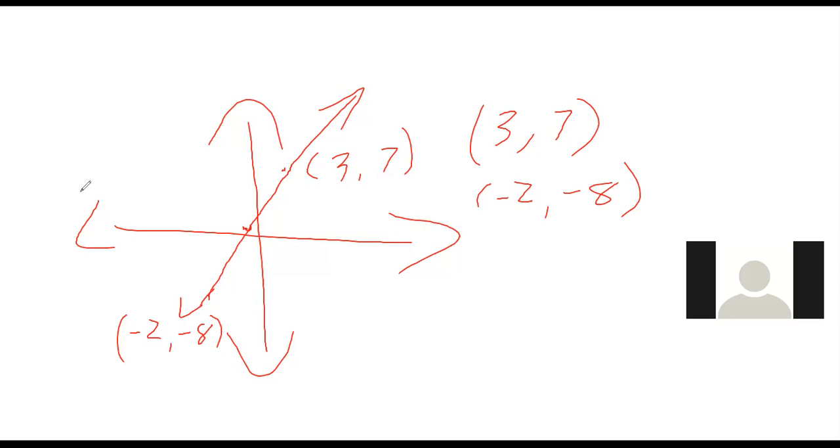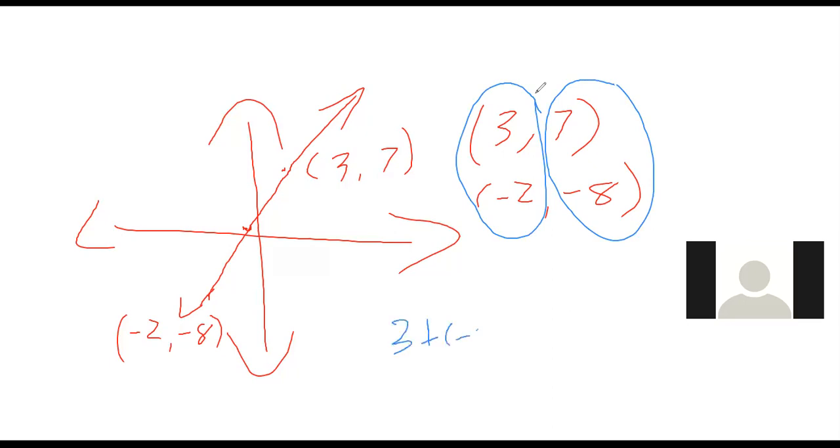So what we're gonna do is the same, but since we have 2 points, we have to do it twice, right? We're gonna add our x's together, we're gonna add our y's together, and we're gonna divide by 2. So for example, that's 3 plus -2, and then 7 plus -8, divided by 2.